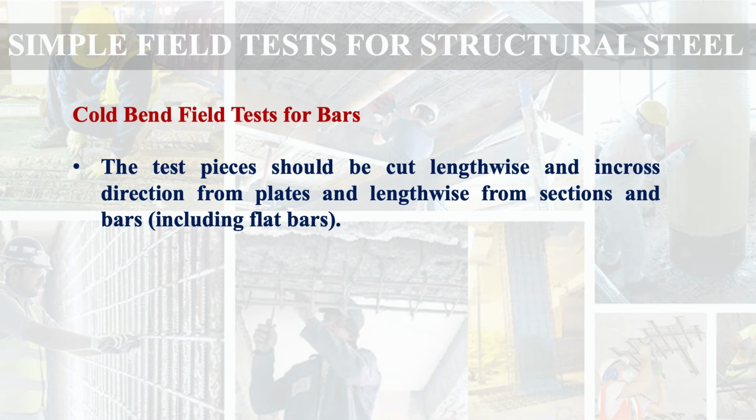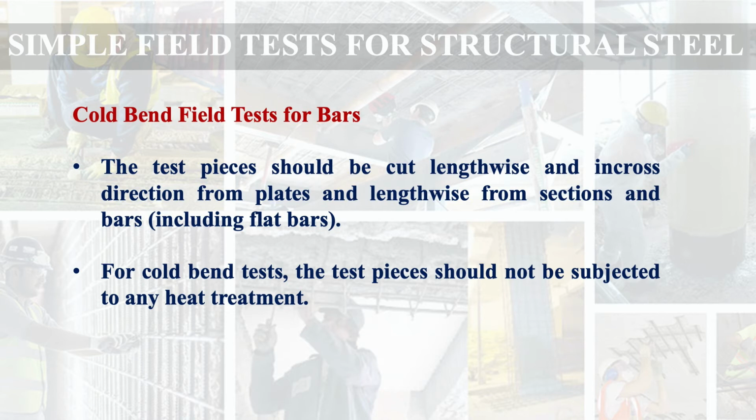The test pieces should be cut lengthwise and in cross direction from plates and lengthwise from sections and bars including flat bars. For cold bend test, the test pieces should not be subjected to any heat treatment.